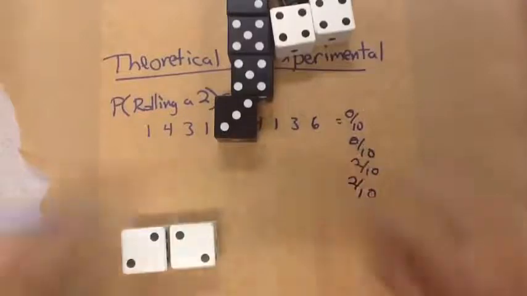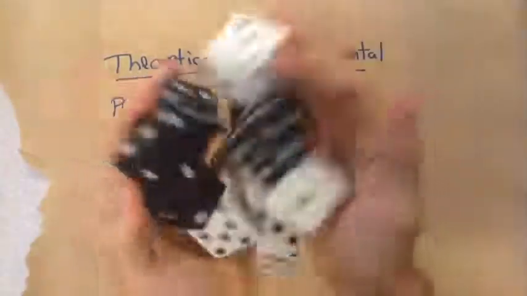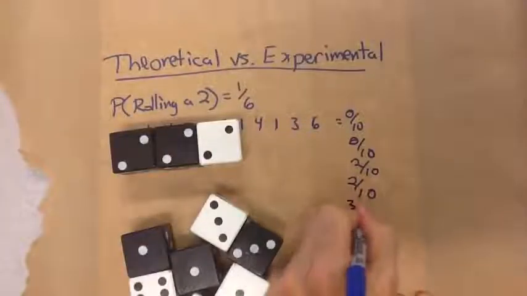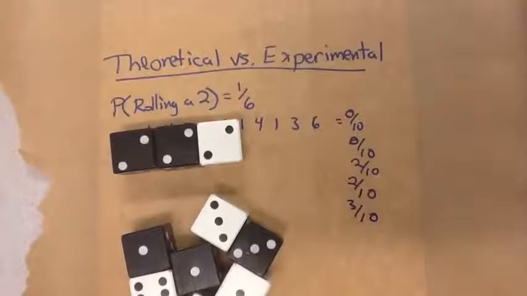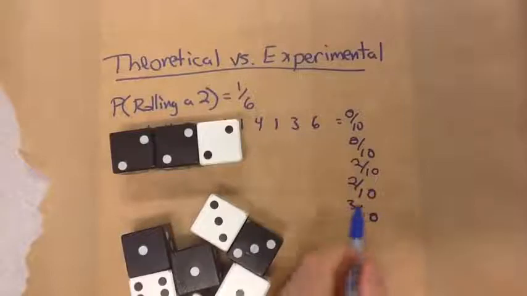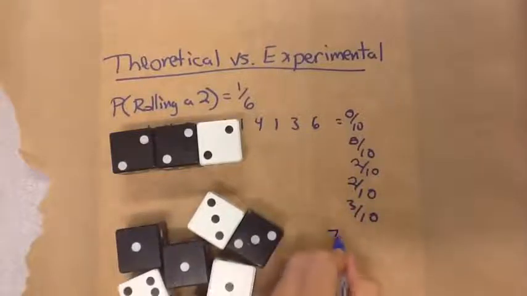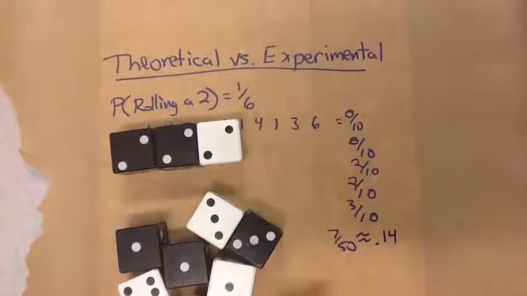There's another 2 out of 10. And now there's 3 out of 10. So now that I've done it quite a few times, I've actually done 50 different attempts. I have 7 out of 50, which comes out to be about 0.14.